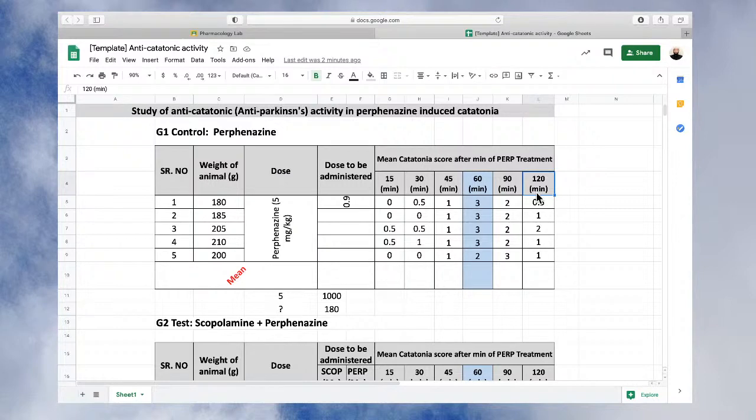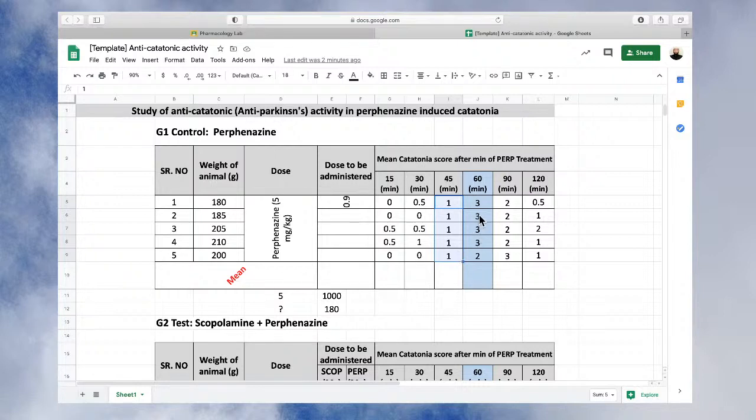So you have measured the score. When you measure the score at the initial level, you see the score may be coming to only somewhere like 0, and somewhere you are getting the score of 0.5. After 45 minutes you are getting a score of 1 everywhere. So maybe the score is of stage 3 or stage 4.